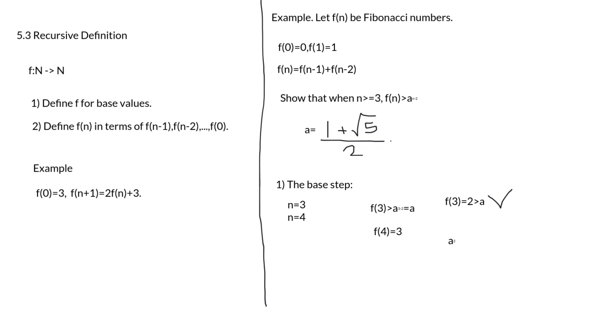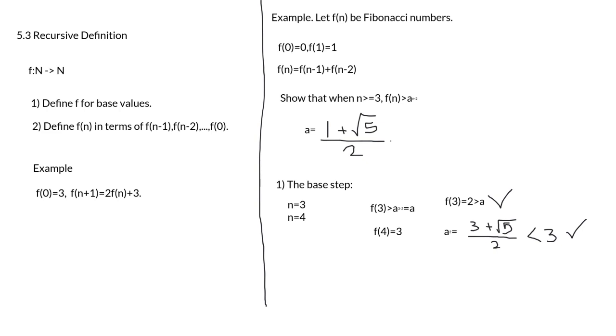If you calculate this number, it will be the following. So a squared is (3 plus the square root of 5) divided by 2. And again, it's easy to check that this number is less than 3, which was f of 4.